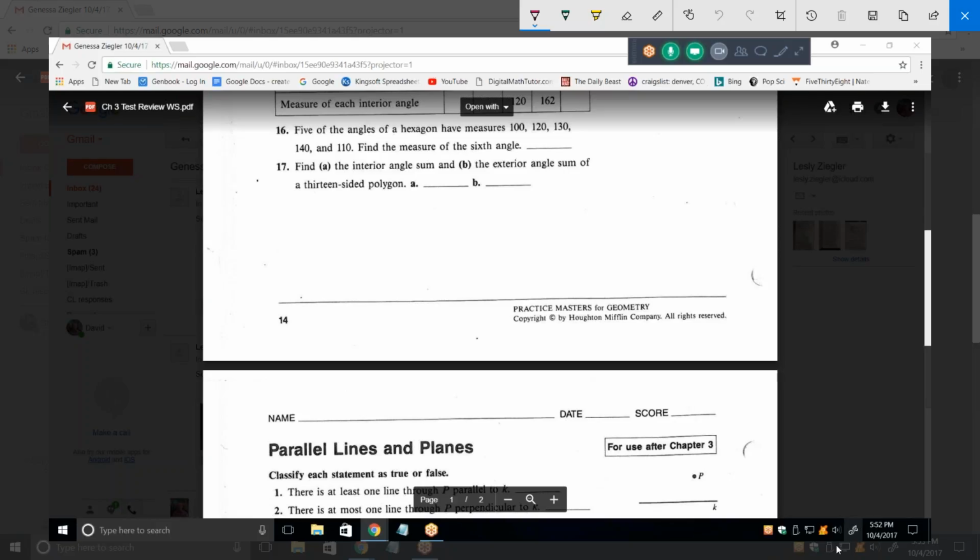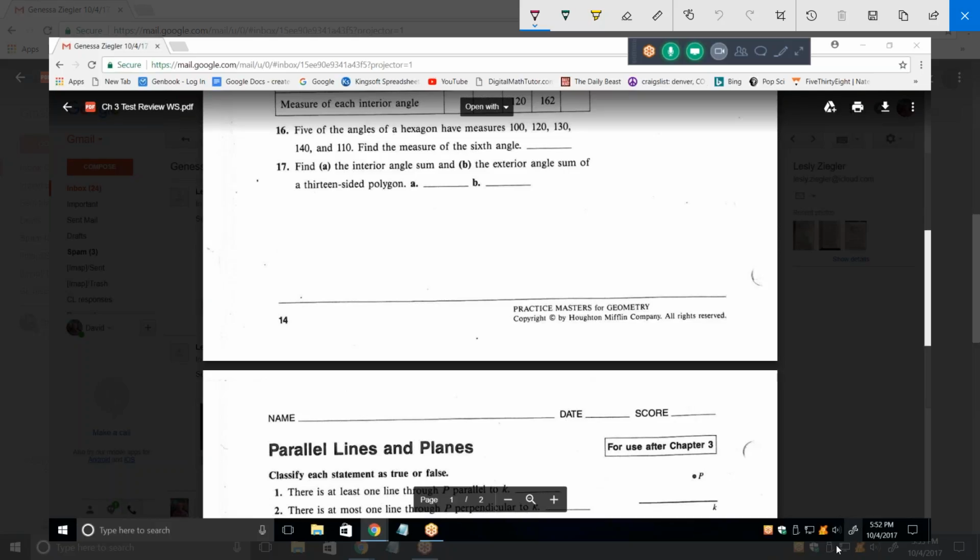No. 16 is merely they've given you 5 angles of a 6-angled figure. Oh, so you just add them all up and see what's missing. And subtract from what you have to calculate yet.